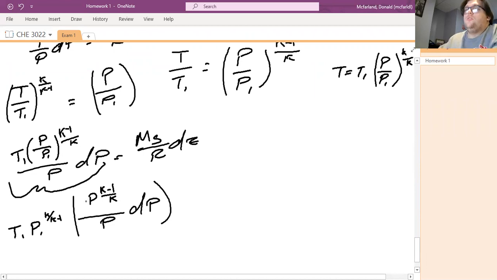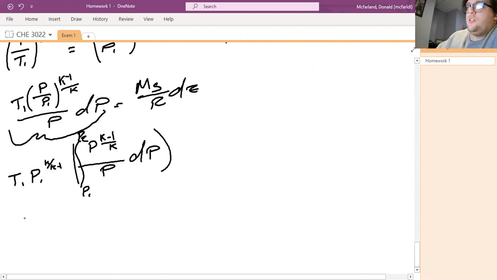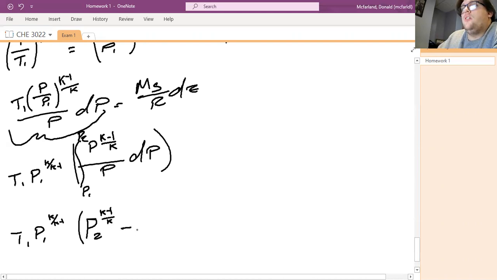And with that, when we do the integral from P1 to P2, what's going to happen is the initial temperature times initial pressure raised to the K over K minus 1, times P2 raised to the K minus 1 over K, minus P1 to the K minus 1 over K. Notice we have P1 now from this integral, and that is the same pressure as this one.